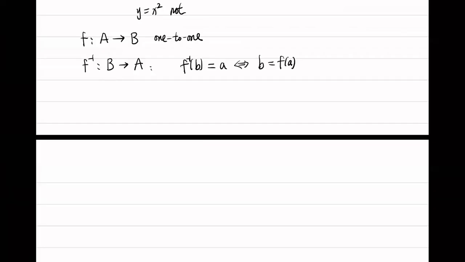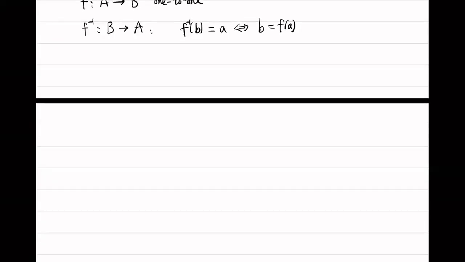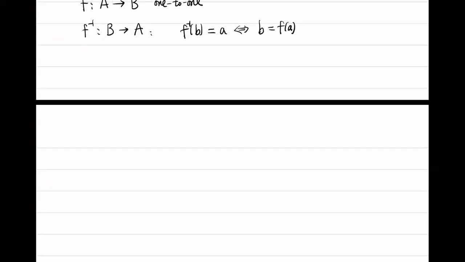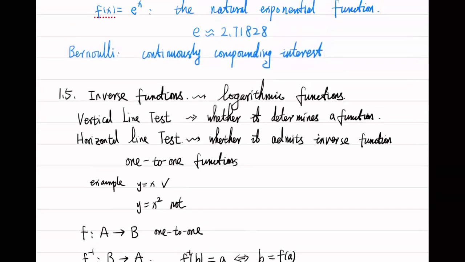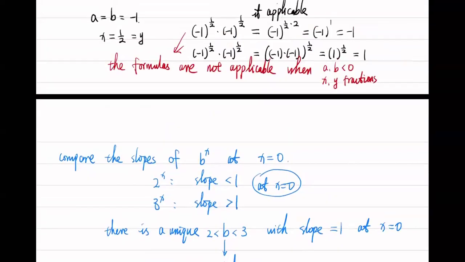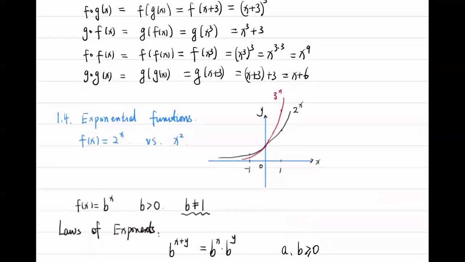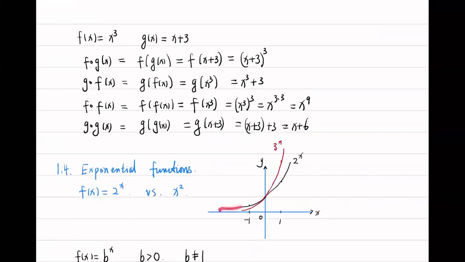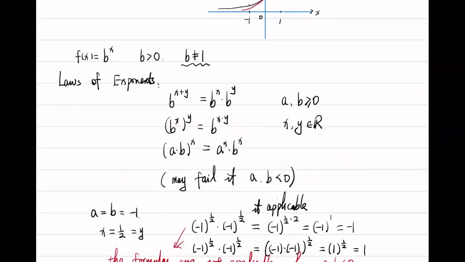So we switch the domain to the range and the range to the domain, switch the correspondence, and we get the inverse function. The exponential functions, 2 to the x, 3 to the x, are all one-to-one. Because of this, we can define the inverse function.